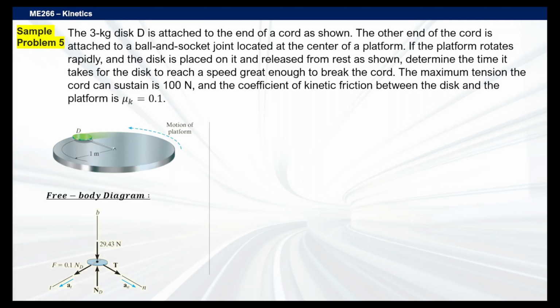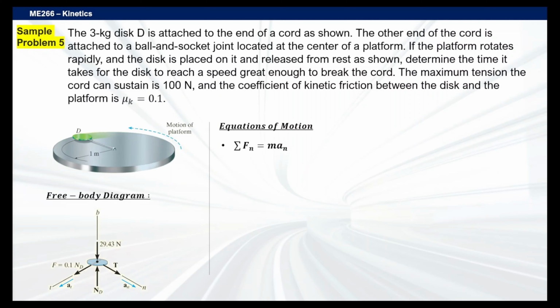So the first step, now that we have our free body diagram, we can now set up our equations of motion with respect to the tangential axis and the normal axis. We can deal first with the forces: sum of F sub n equals mass times a sub n, just like so.